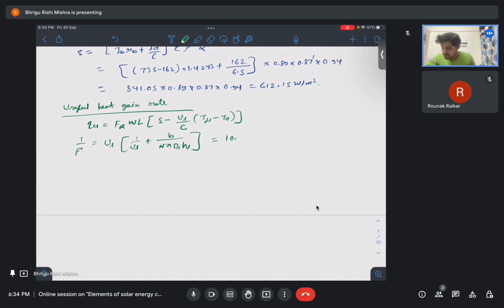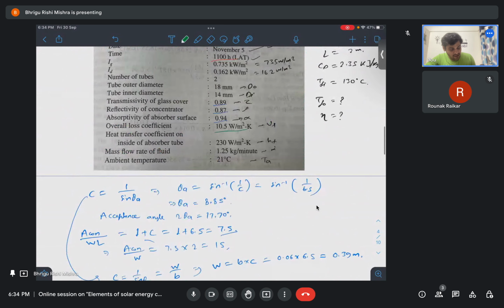So this is 1 by 10.5 plus 0.06, as B is 6 centimeters, so in meter it is 0.06, and then 2 into pi into DI, which is given here as 14 millimeter.